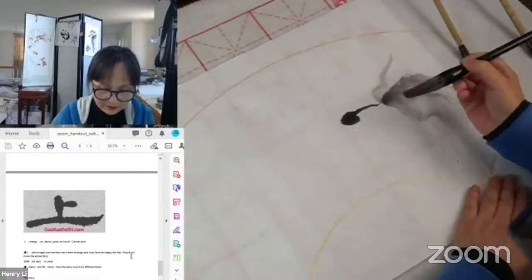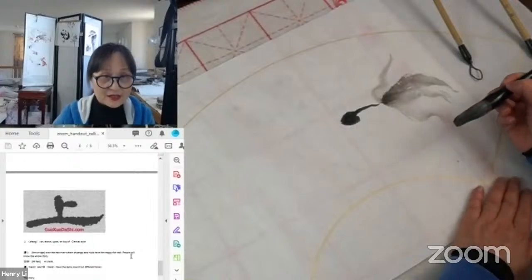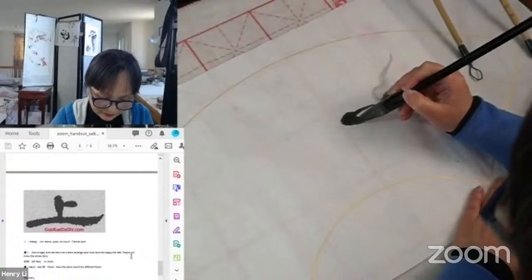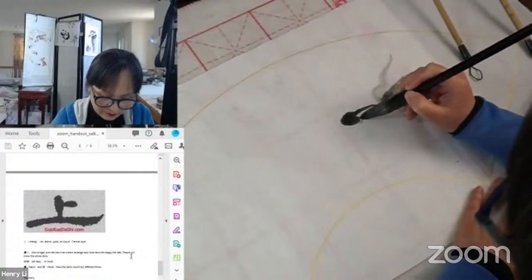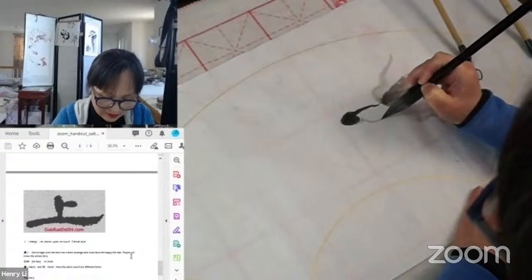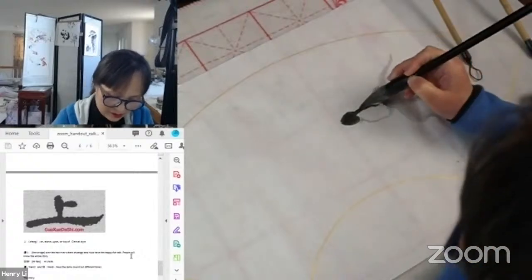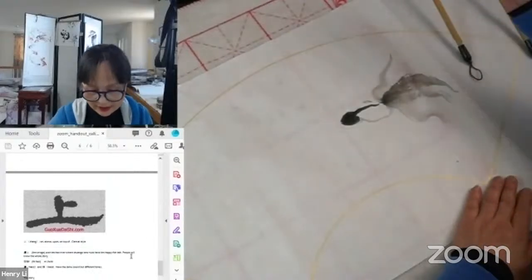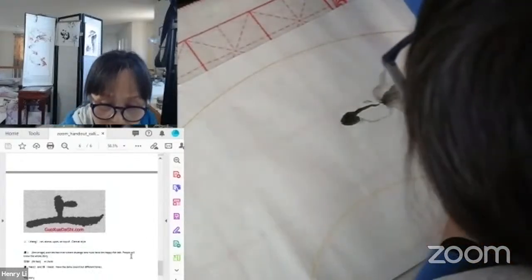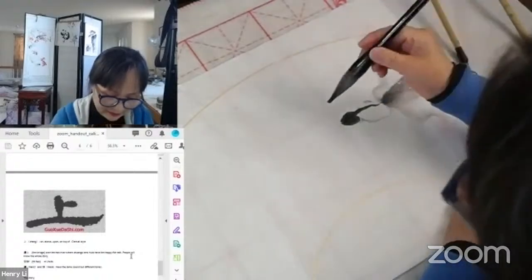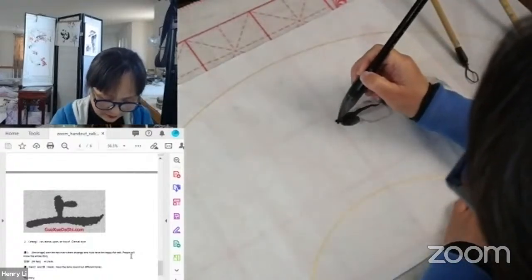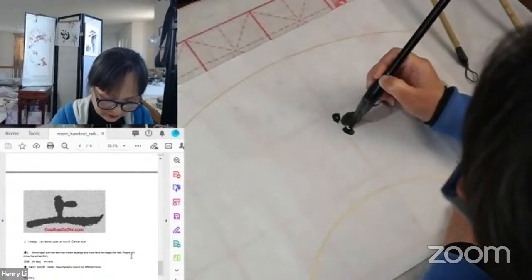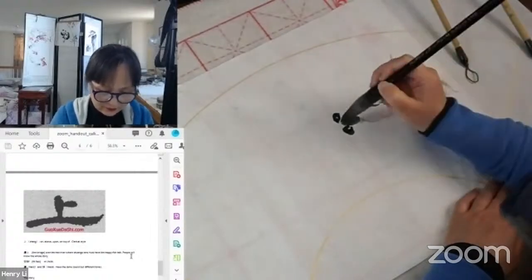And then the ink becomes really light. Do the big belly. And then with ink do the eye. Mouth.